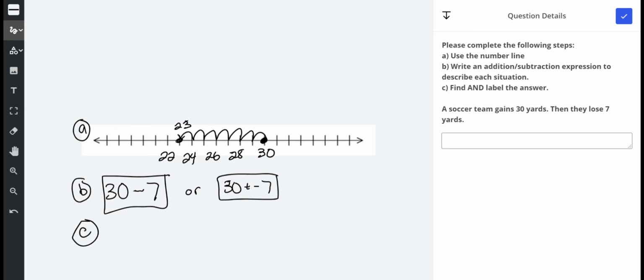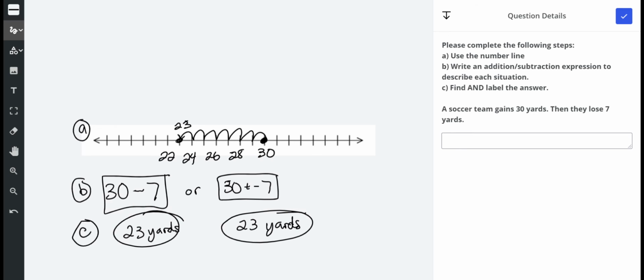So if you did 30 minus 7, that gives you 23. And 30 plus negative 7 gives you 23. The label means that we need to add in the word yards. So a soccer team gains 30 yards, then loses 7 yards. They have a total of 23 yards.